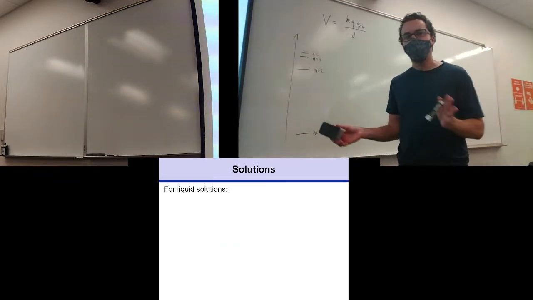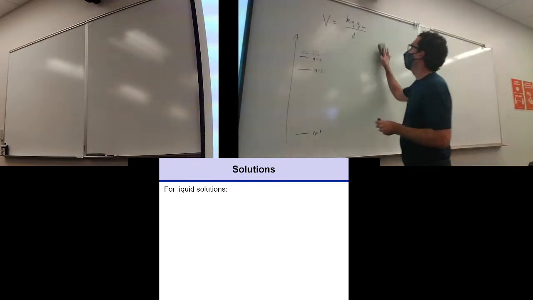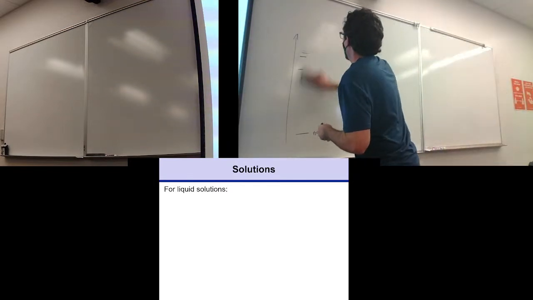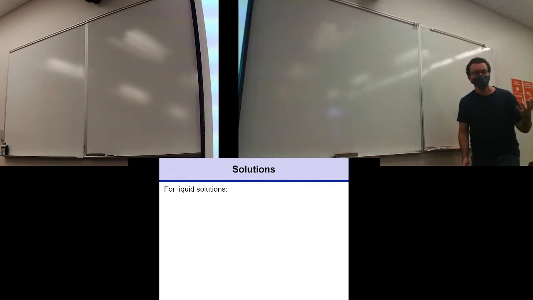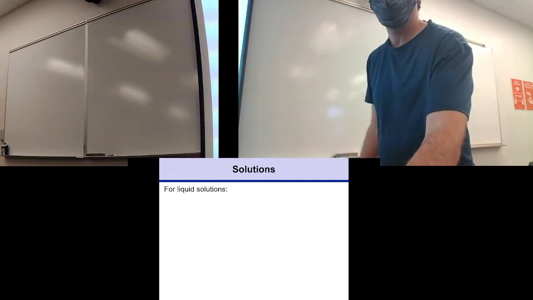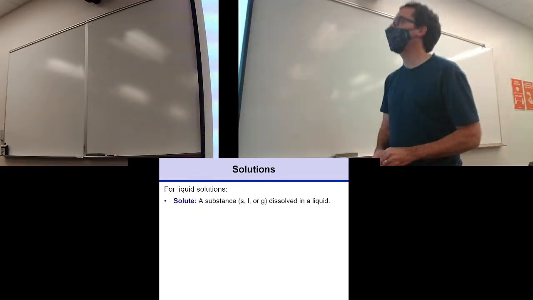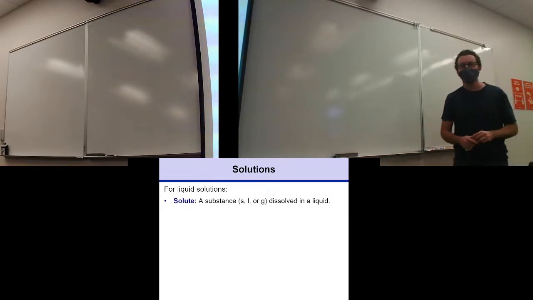This is kind of a supplementary thing, kind of off topic. We need to know how to calculate concentrations of solutions. So it's just a really quick tutorial on solutions, just to make sure that we're covered for not next week, but the week after. For a liquid solution, a solution is a mixture. It's a homogeneous mixture.